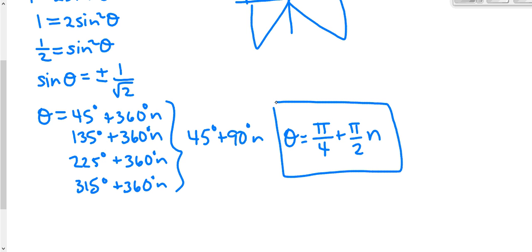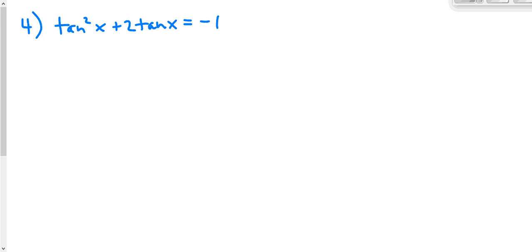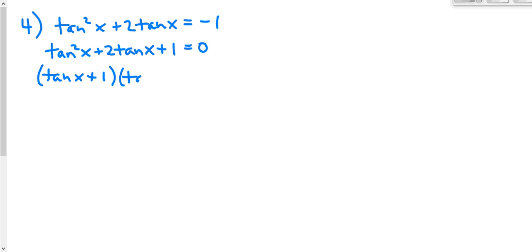Okay, number 4. So this one is a quadratic in disguise. So let's get everything over to one side and then see if it factors. So this factors into tangent x plus 1 times tangent x plus 1.